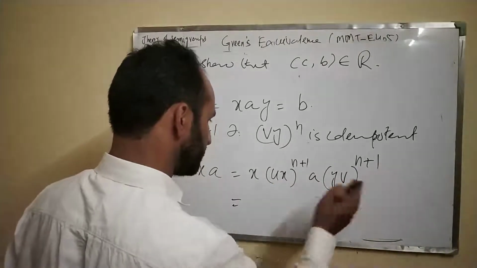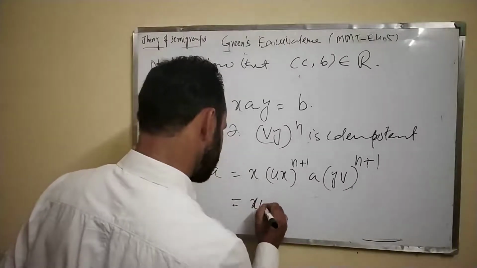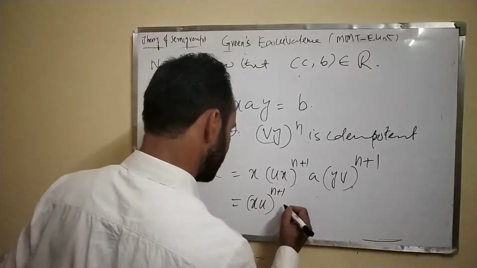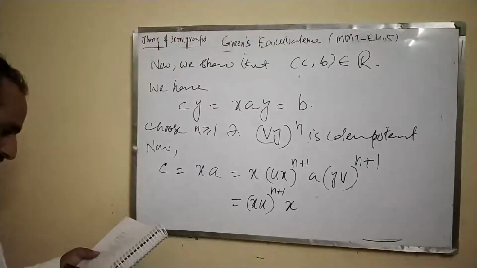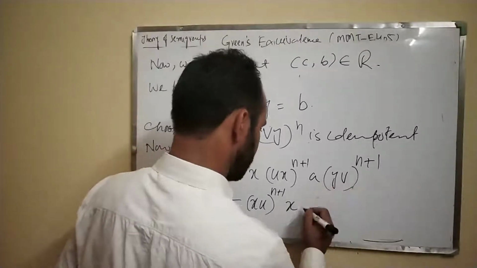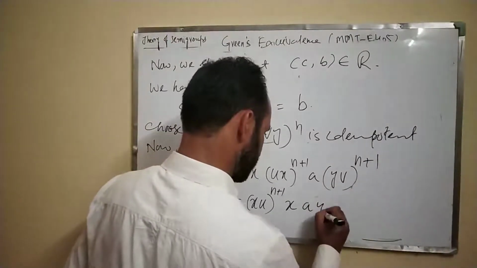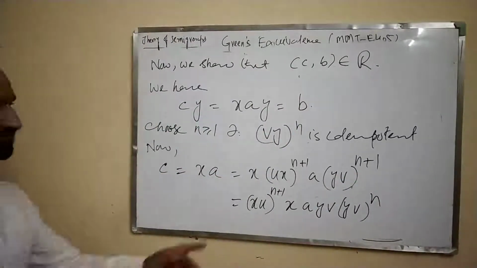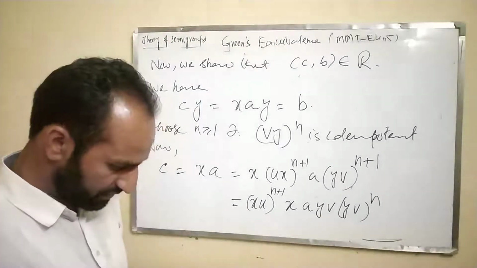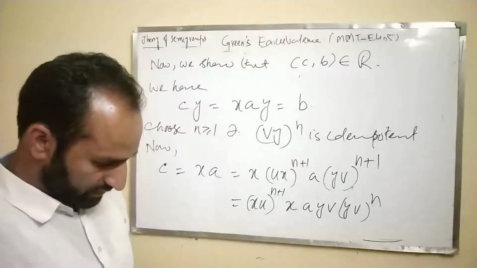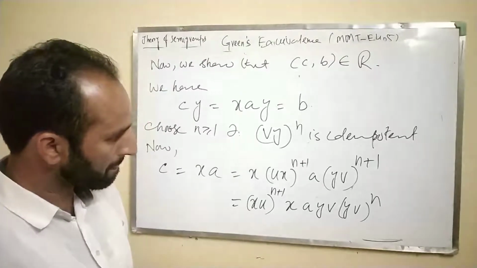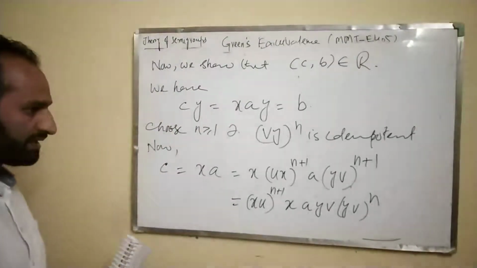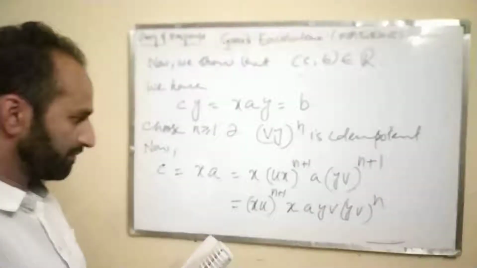It's ux, and I can write it as xu into xu power n plus 1, but there will be one x left here, which is x, and I can write it as xayv into yv power n. It's yv into yv power n. But we can write it as vy power n also, vy power n into v.